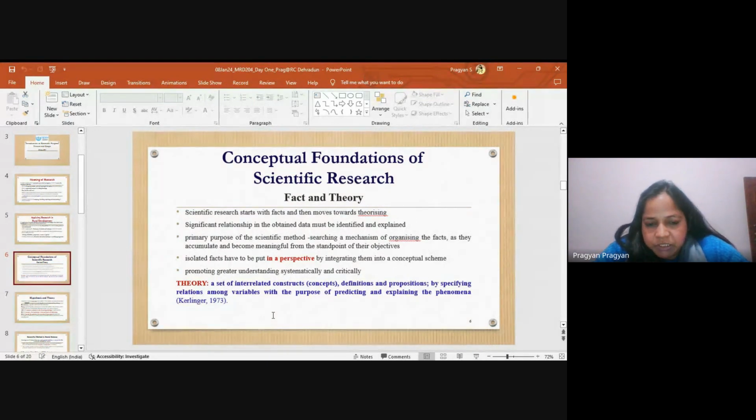So theory is basically a set of interrelated constructs or concepts in which you can define different terms and propositions, and with the help of those variables you try to understand the overall systematic relation, so that you can organize those facts. That is why theory is a very important and significant abode of guidance in scientific research in general and research in rural development.